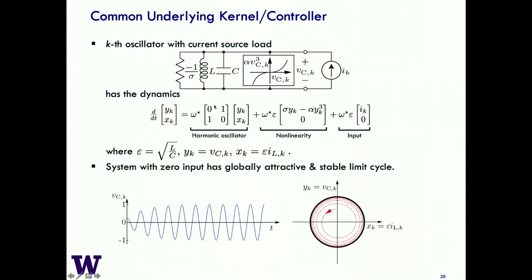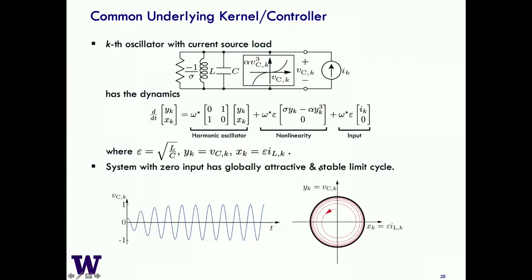And when you write things in this form, where this epsilon value is just the characteristic impedance of this LC tank, so square root of L over C, you can write things in this very nice format where this first term actually is the equation for the harmonic oscillator. So you see physics 101, a frictionless pendulum, that's the same equation that gives you this first term. The second term captures the behavior of this nonlinear piece. And then this third term captures the fact that you're coupling it to a network.